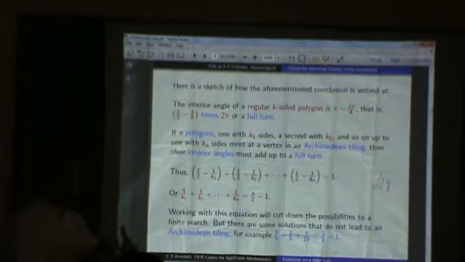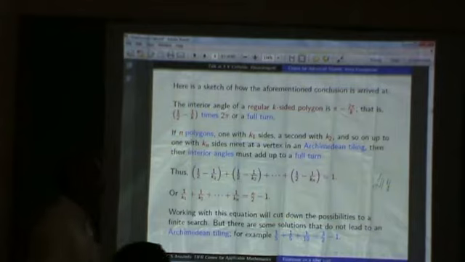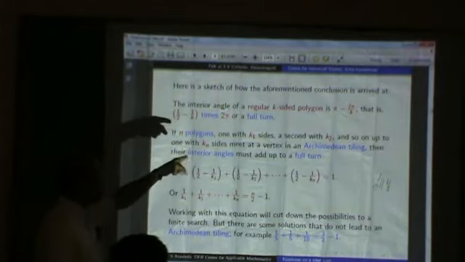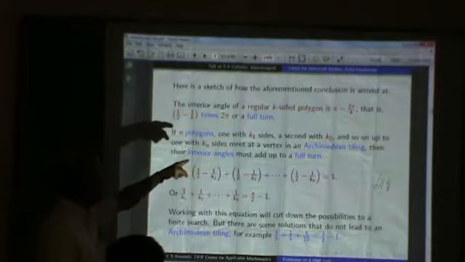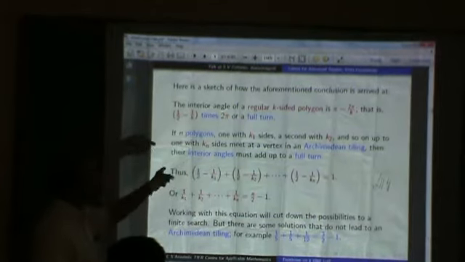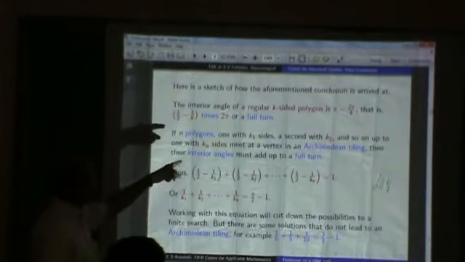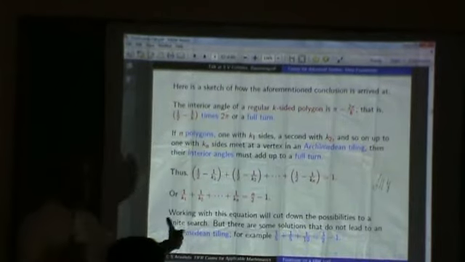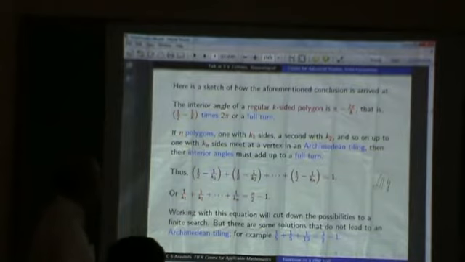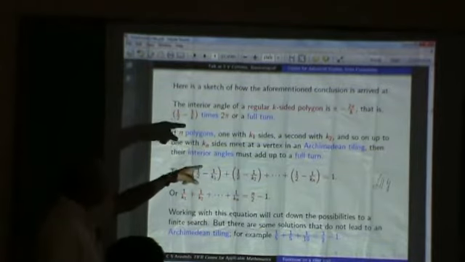Say I have n polygons, and each polygon has k1 sides, k2 sides, up to kn sides, like a triangle, k1 could be 3, k2 could be 4, k3 could be 5, and so on.